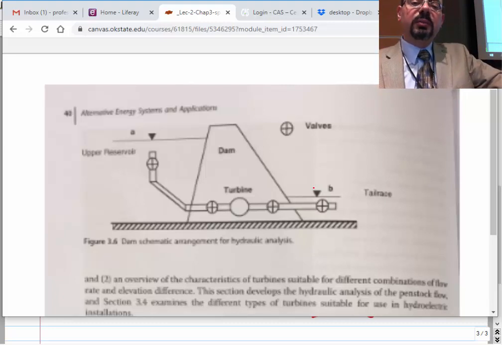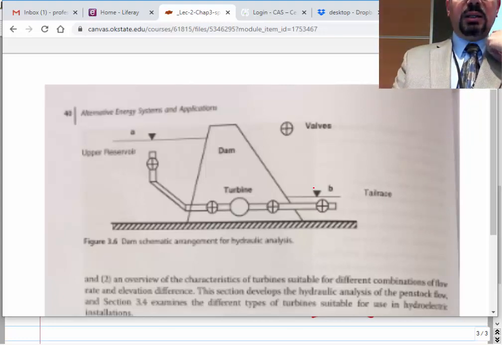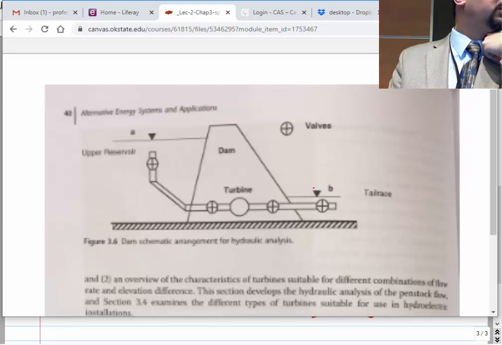Interesting, the pressure at 1 and the pressure at 2 are equal, and they are both atmospheric. So this is weird, because you can see that this pressure is like here, and the pressure over here is way down, and this is not like 2 meters, this could be 100 meters.